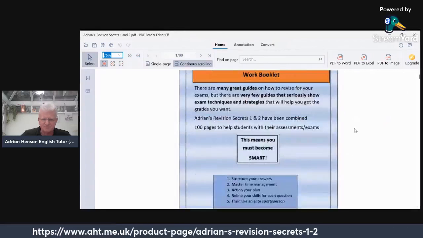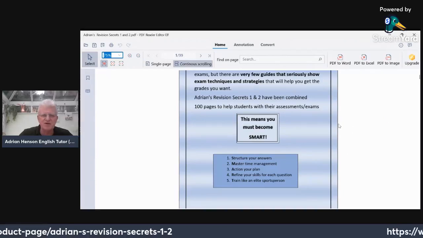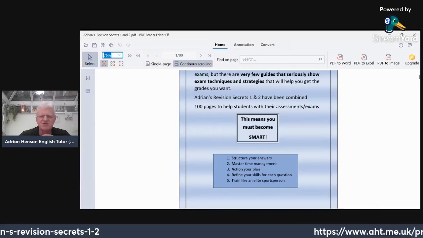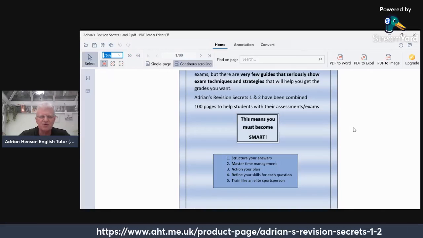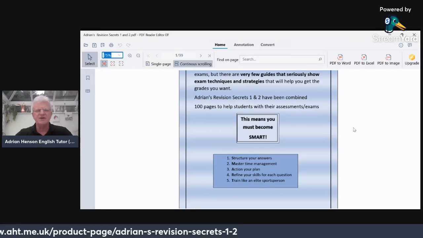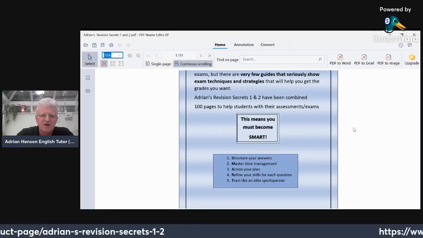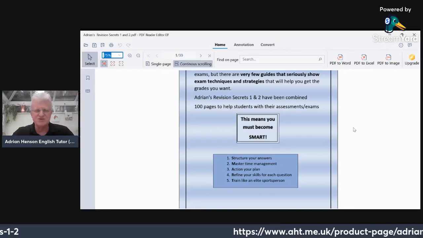One of the things that I've introduced is an acronym called SMART, and it teaches the students how to approach all the questions that are offered in AQA language papers 1 and 2. There are a total of 10 questions in both papers.